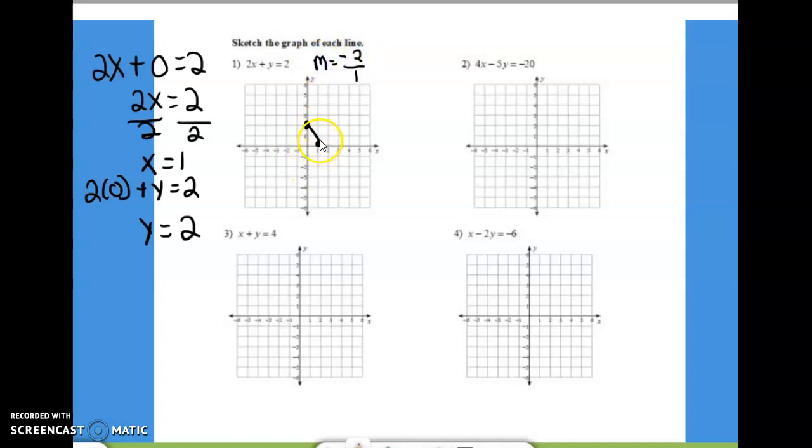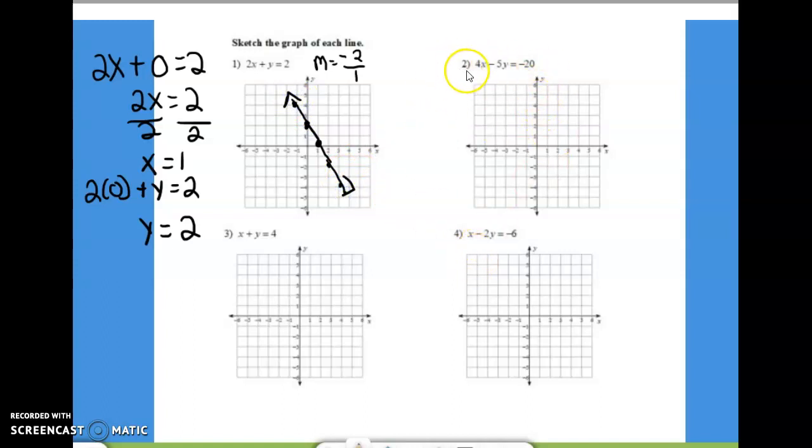I want to make my line a little bigger, so I'm going to go down 2 over 1. Let's do a little more. Down 2 over 1. You get the idea. We go backwards, up 2 over 1, and we're finished. Seems pretty simple, I hope.